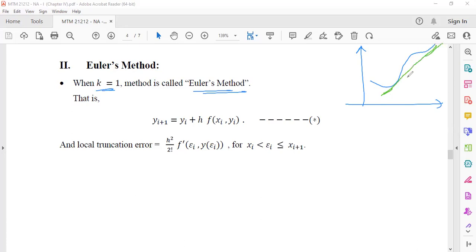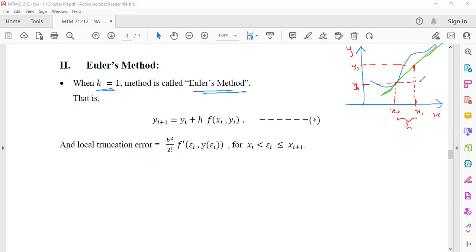This is my x naught, my initial point: this is my x naught and this is my y naught. If I go to the next step, x1, we have the step size h. So this is my y1.